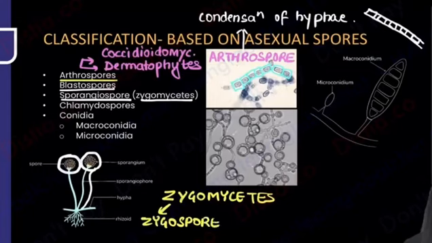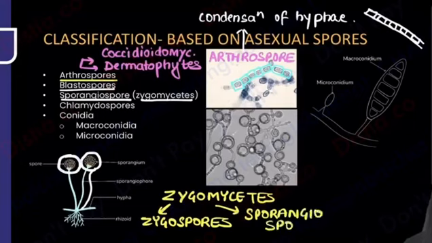On the other hand, you're also seeing sporangia, so you're also seeing sporangiospores. So can I say this is basically showing you both? This is that one family which is going to show you both the sexual forms and the asexual forms. The sexual form is simple, for zygo it is zygospores, and the asexual form is those round structures called sporangiospores.